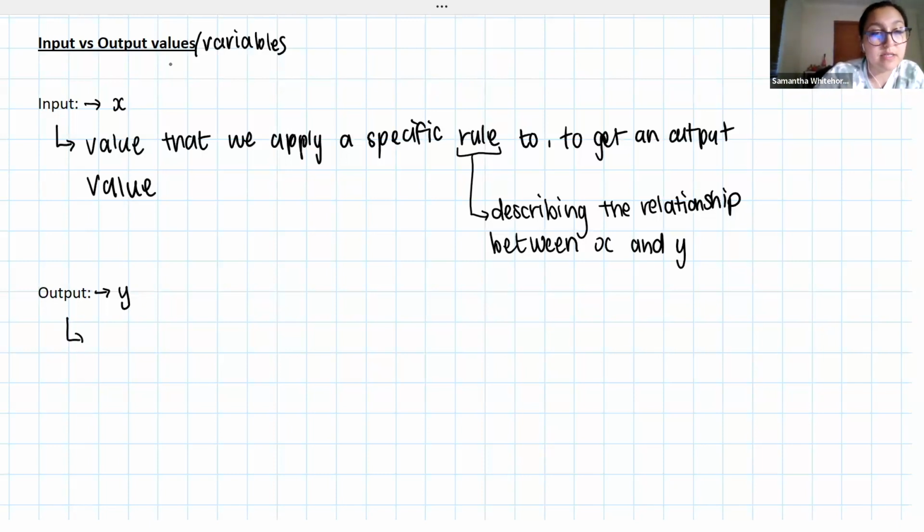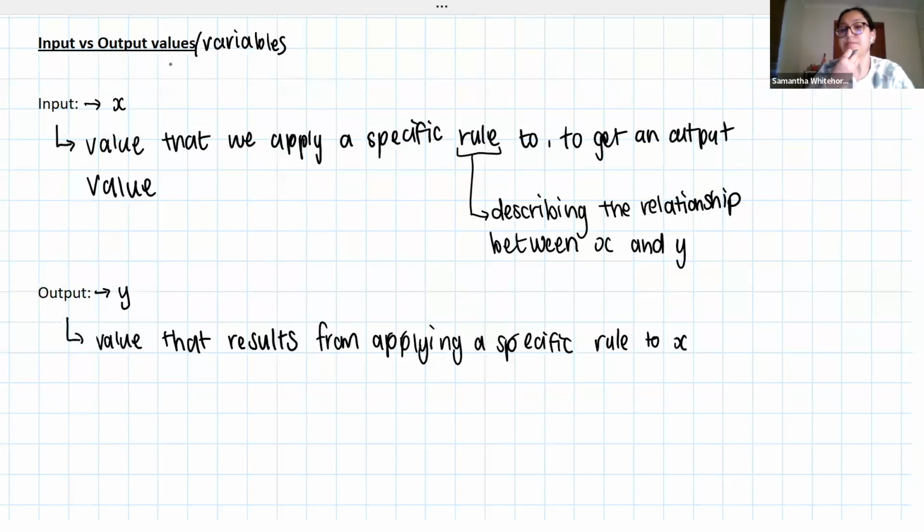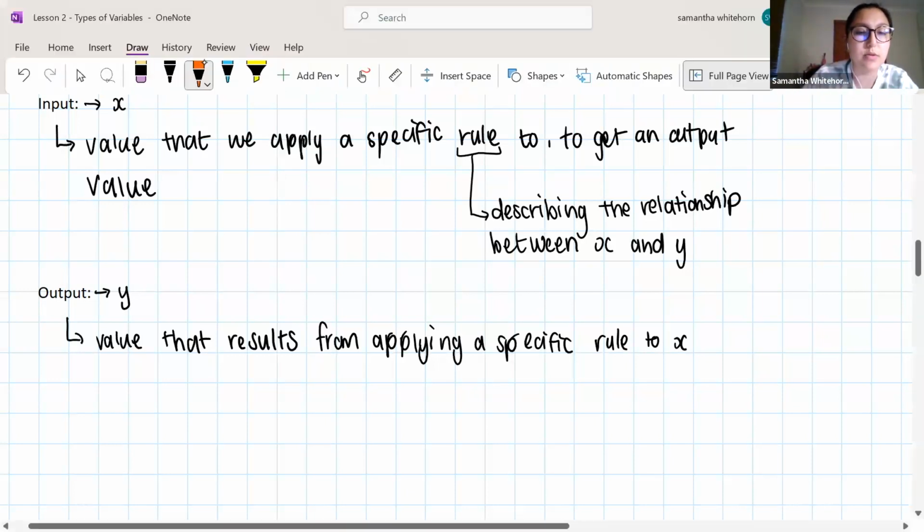Our output value, which links with the X value, is the value that results from applying our rule to X. So I'm going to use the airtime example just to make this a bit more real world, or a bit more relatable.